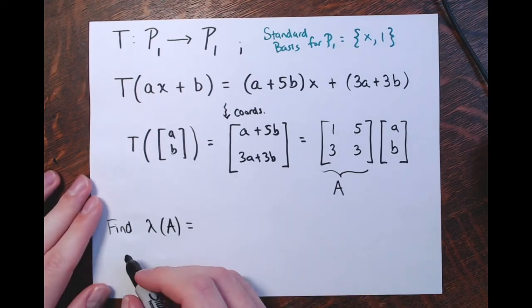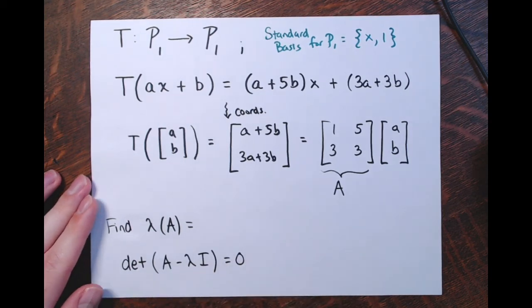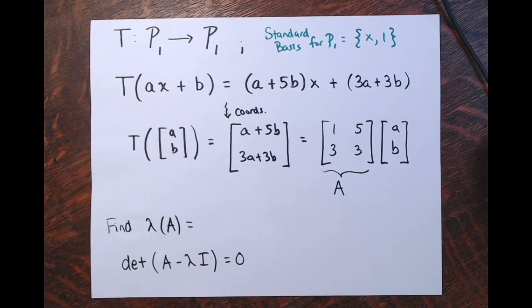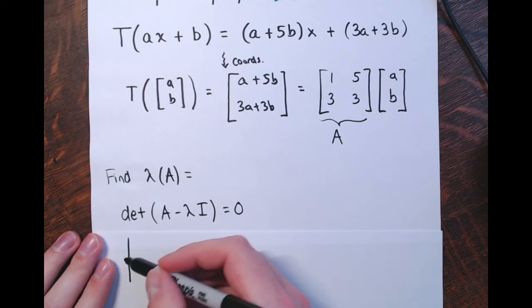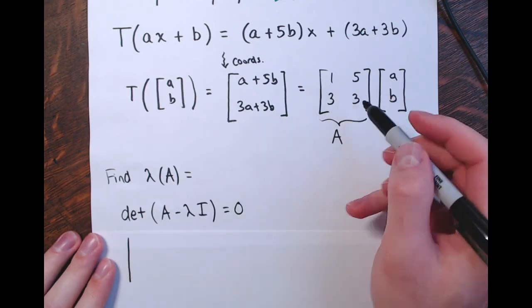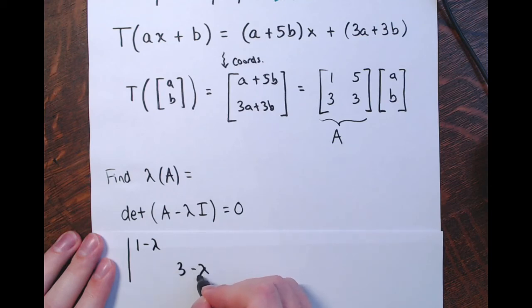So remember, I'm looking at the determinant of A minus lambda I, and when is this equal to 0? So the determinant, just subtract lambda down the diagonals, so 1 minus lambda, 3 minus lambda, and the other entries are the same, 5 and 3.